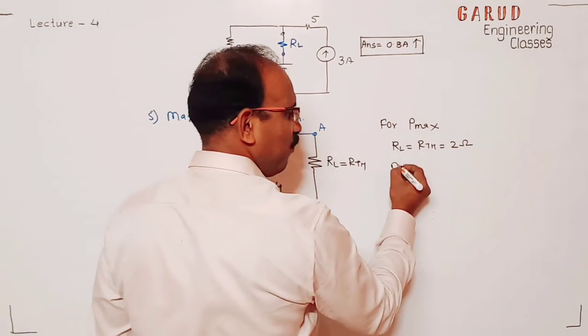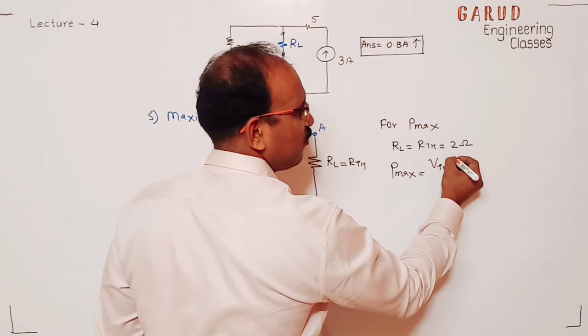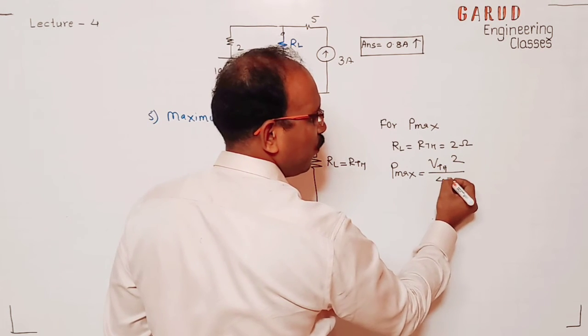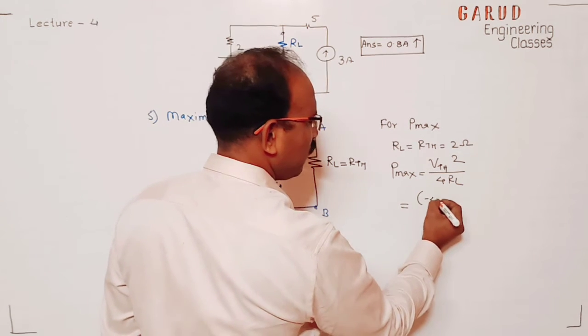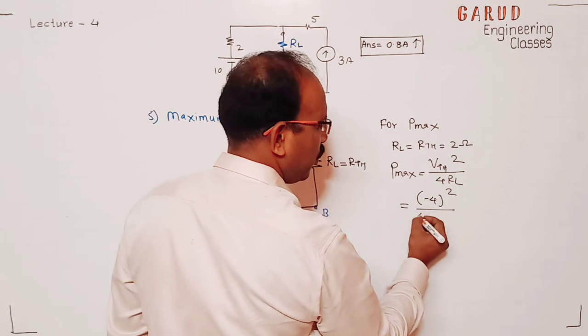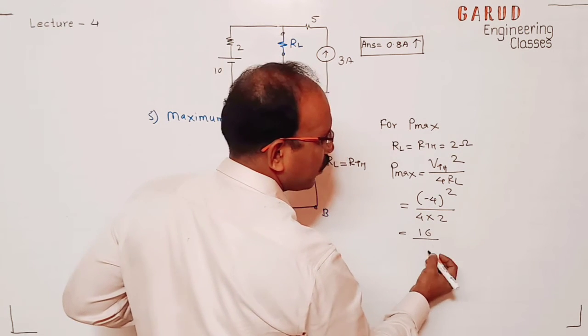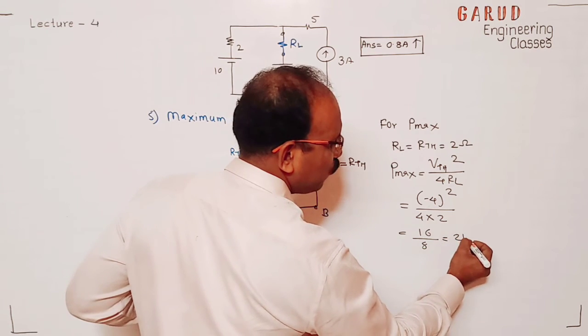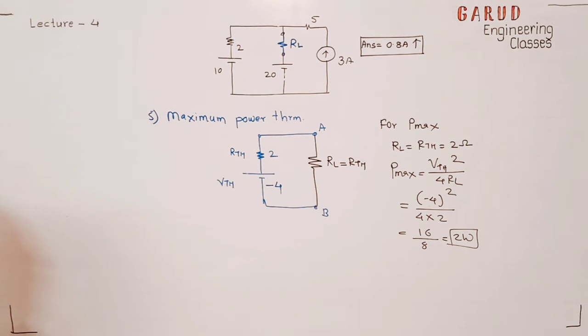P max equals VTH squared upon 4RL. VTH is minus 4, squared, upon 4 into 2. So 16 upon 8, that is 2 watt. So 2 watt was the real answer. Maximum power absorbed by RL will be 2 watt.